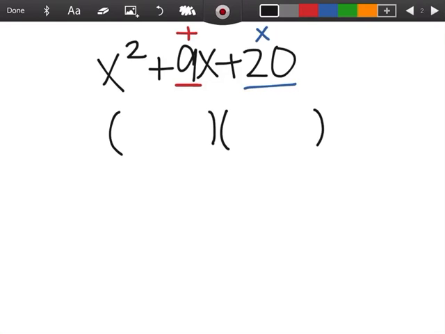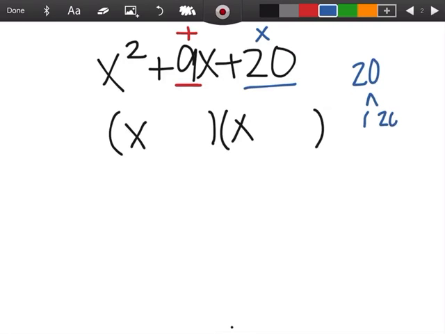Because when I set this up, what multiplies to be x squared is x and x. And so I need two numbers that multiply to be 20 and add up to be 9. I usually start with my factors of 20 because as far as whole numbers go, we're a little more limited usually with multiplication.